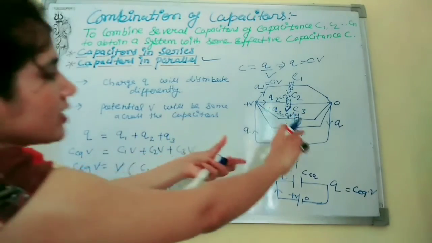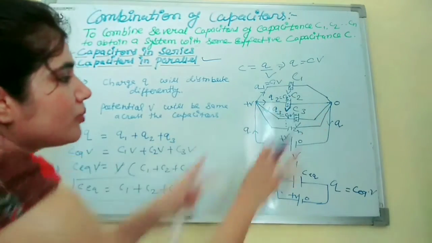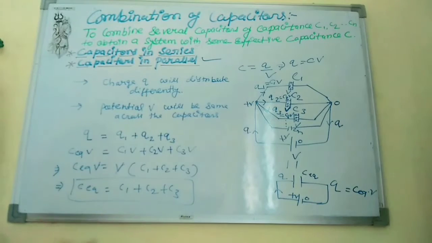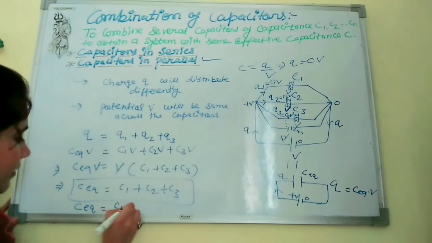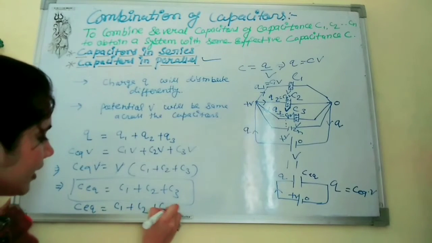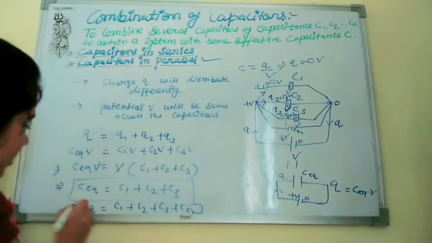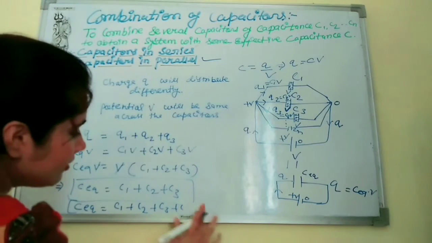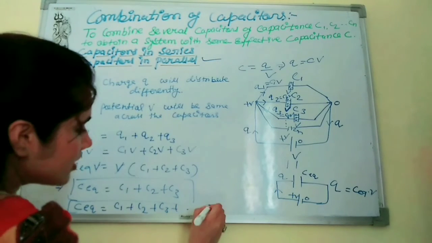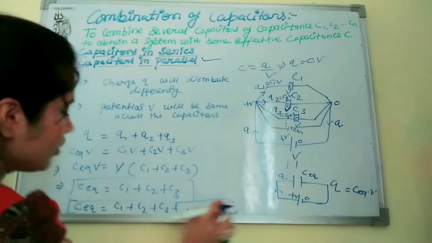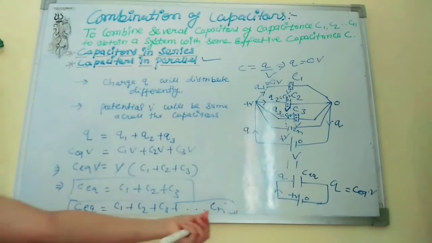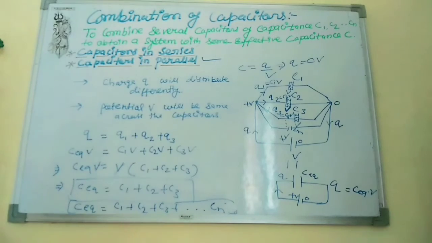So in this case where we have connected n number of capacitors in parallel, the C equivalent will become C1 plus C2 plus C3 up to Cn. So this will be the expression for the C equivalent when n number of capacitors are connected.